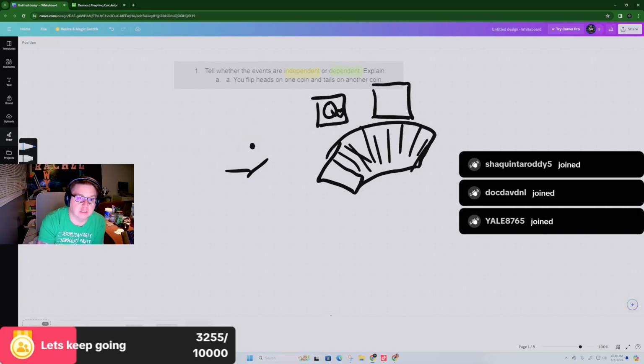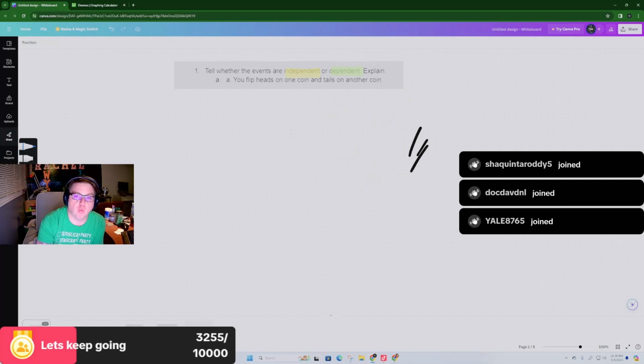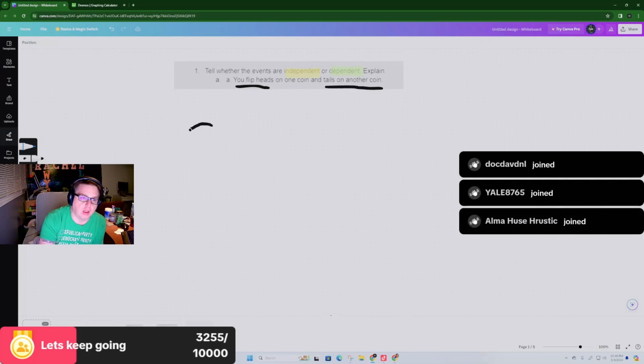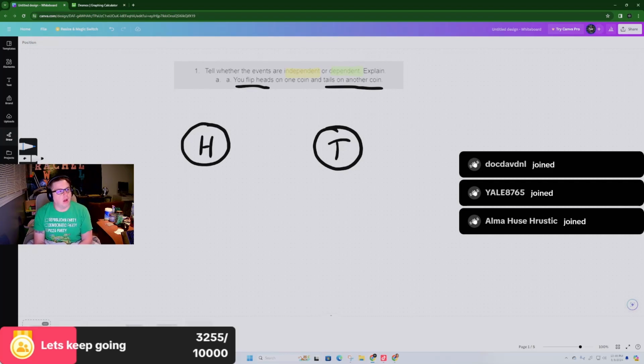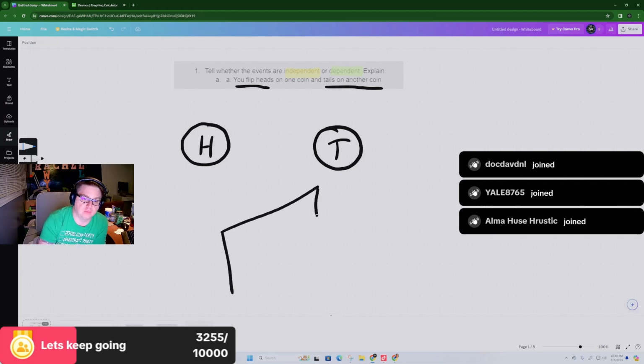So when we look at these situations, you really have to think about whether they're independent or they're dependent. So if I flip heads on a coin and tails on another coin, is one affecting the other? We talked about this in class the other day.